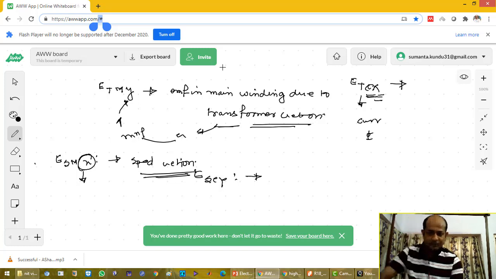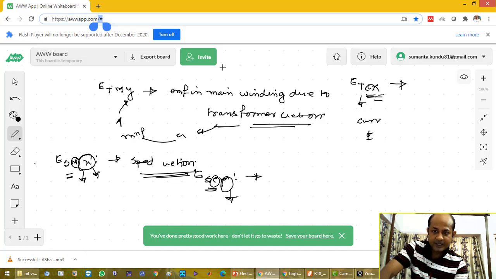This is the EMF due to speed action of the main axis flux in the cross field axis, and this is ETMY, due to transformer action, in the main axis, in the y axis.